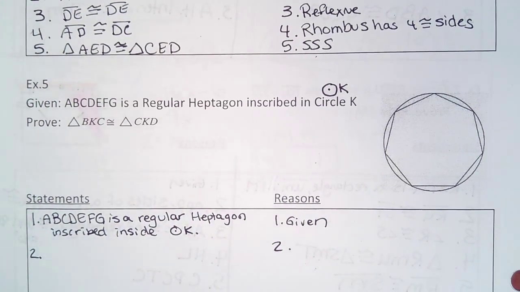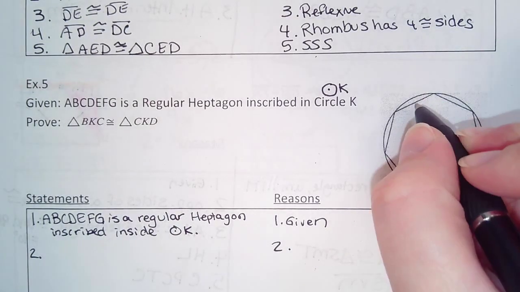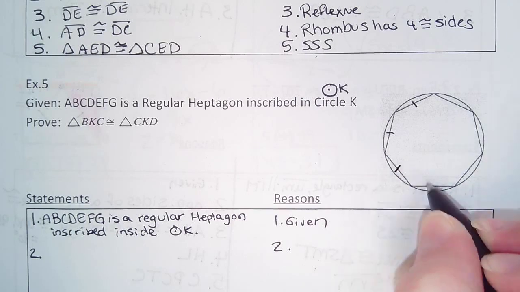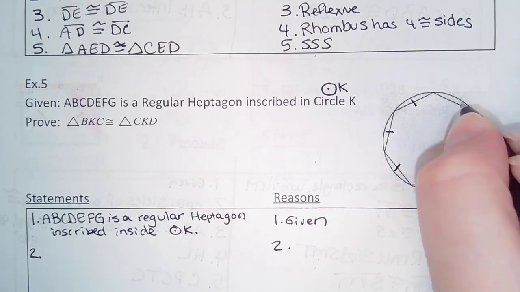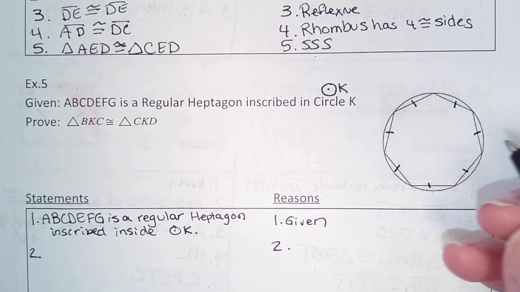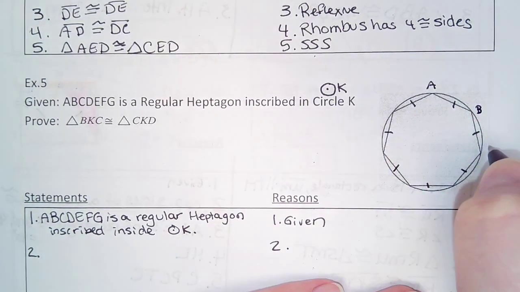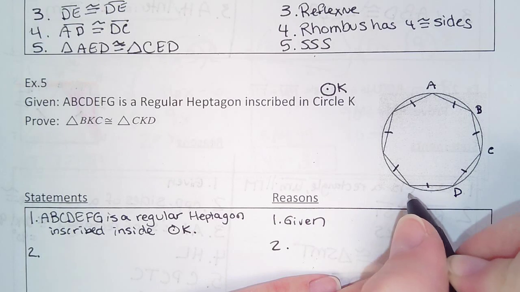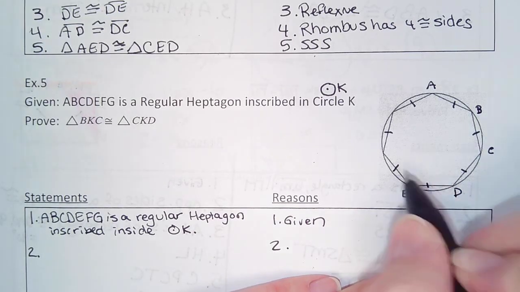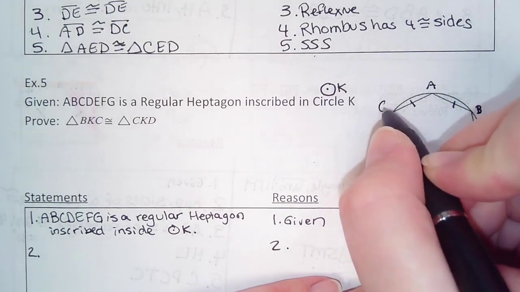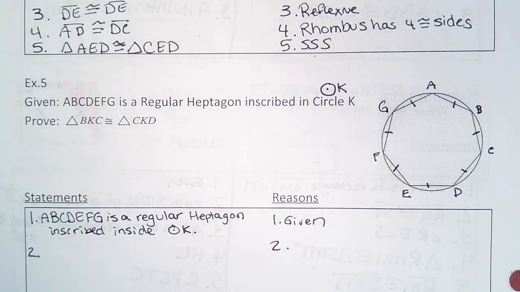So being a regular polygon means that all of the sides are the same. And we don't have any letters here. So let's go ahead and just letter this. A, B, C, D, E, F, G. Okay.